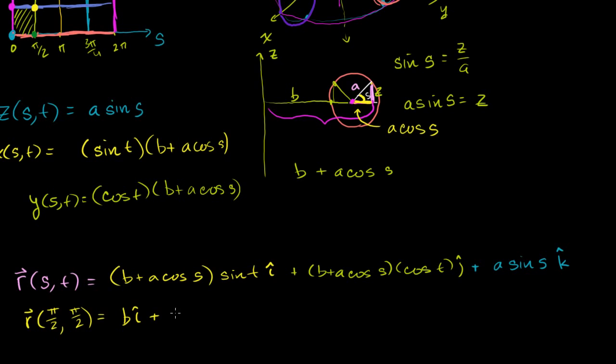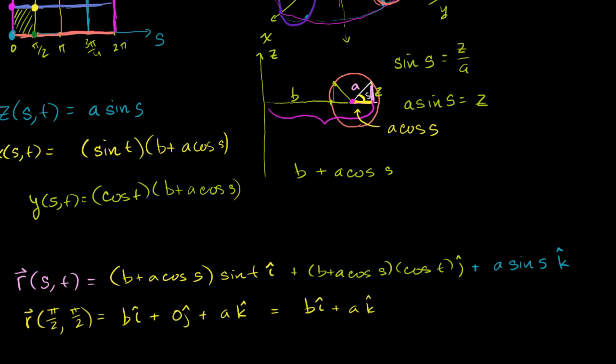Plus 0j. And then finally, you have an s, there's no t here. Sine of pi over 2 is 1, so plus a times k. So there's actually no j direction. So this is going to be equal to b times i plus a times k.